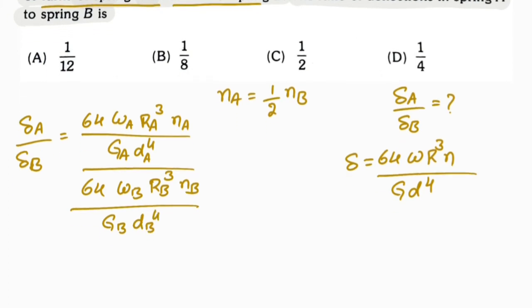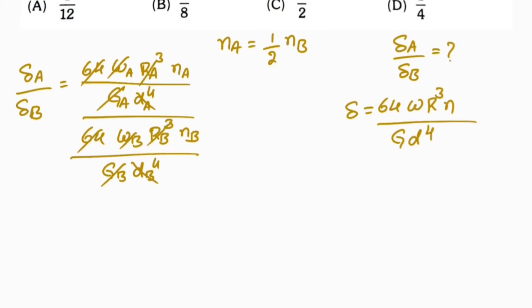In all respects it is equal, meaning GA equal to GB, DA equal to DB, 64 cancelled, WA equal to WB, RA equal to RB, everything is cancelled.